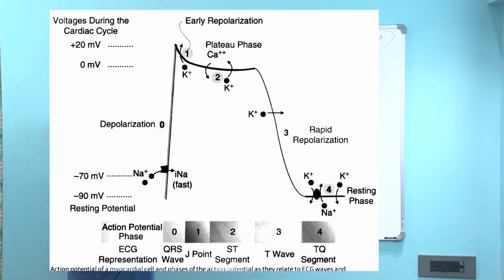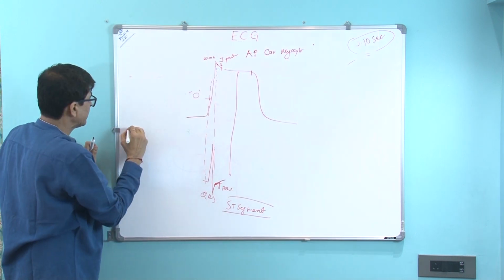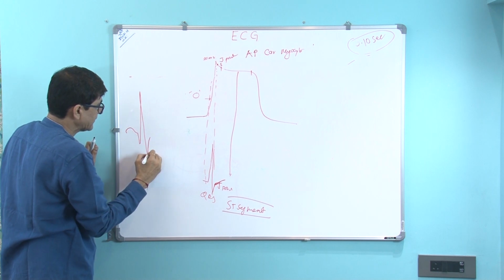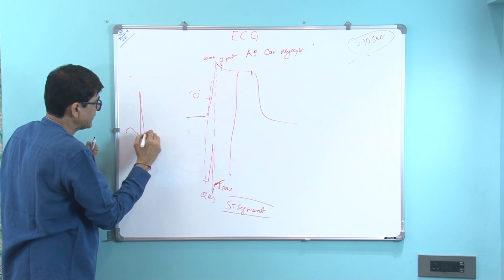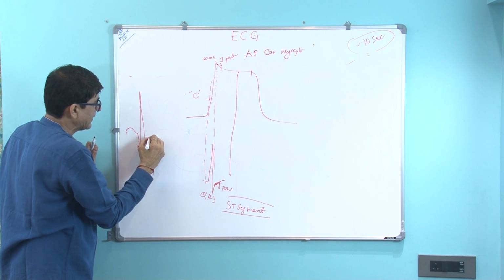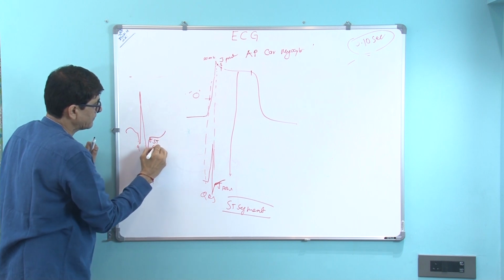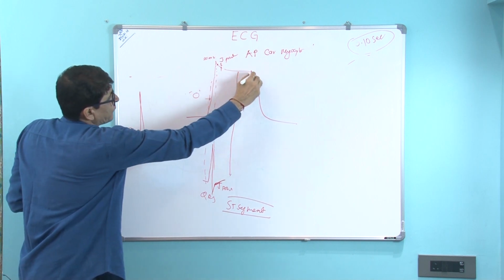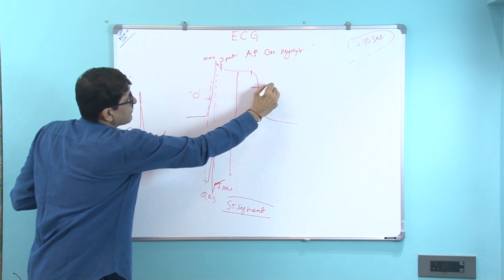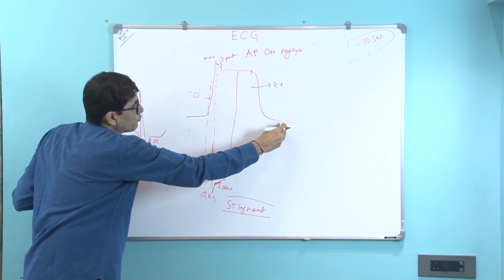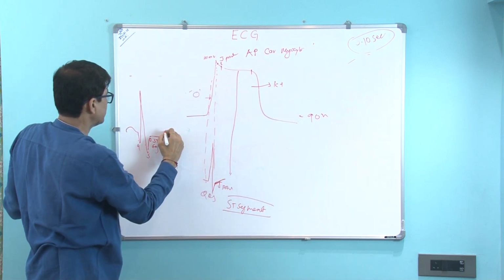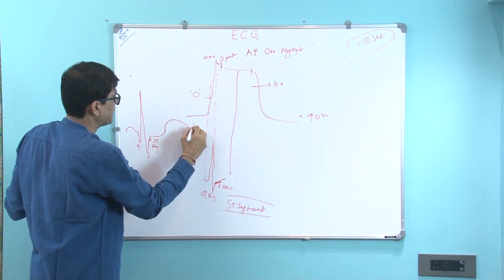Because this plateau phase is the ST segment, and usually if you see, this is QRS, this is the J point. So this is phase 0, this is phase 1, and this is the ST segment where it is also flat. And when potassium goes out and it comes to the resting membrane potential of minus millivolt, it comes as a T wave.